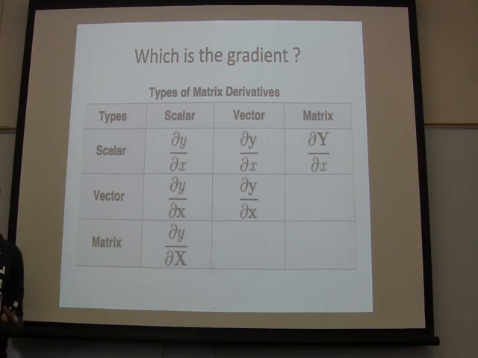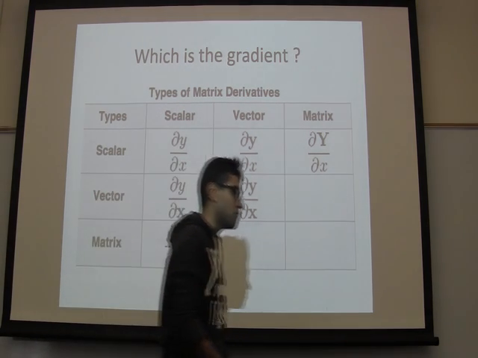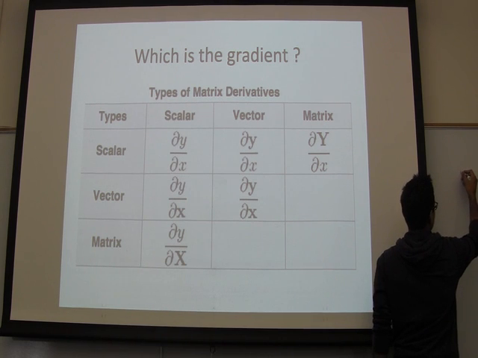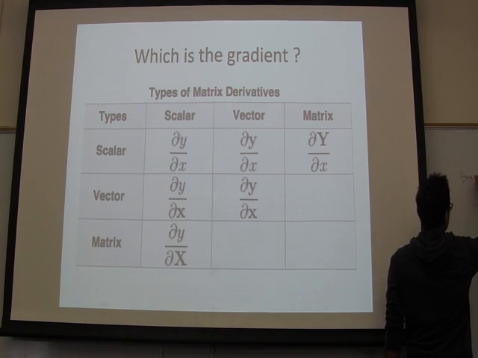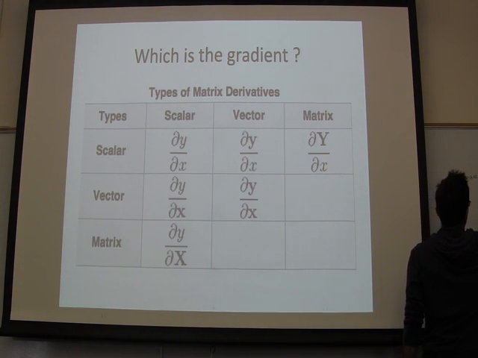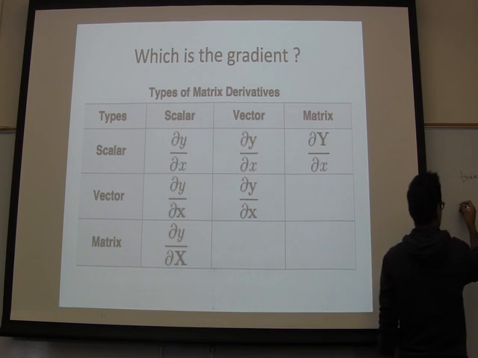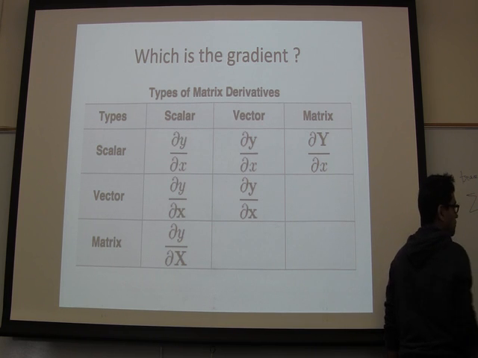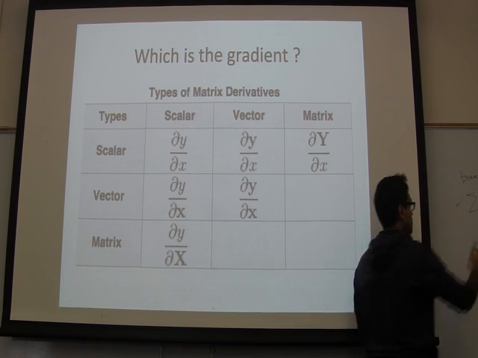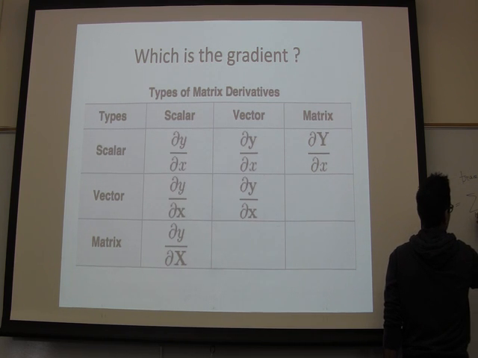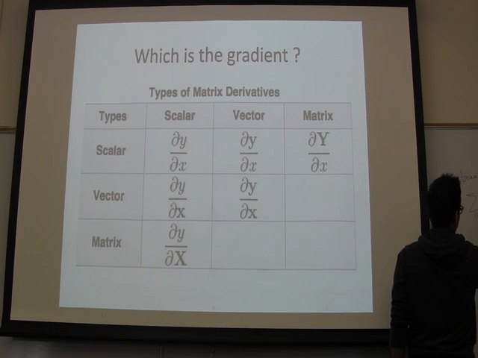So what's an example of a scalar function of a matrix? One example of a scalar function is the trace of a matrix. The trace of a matrix is defined as the sum of its diagonal entries, so it is going to be sigma of M_ii, where i goes from 1 to n.